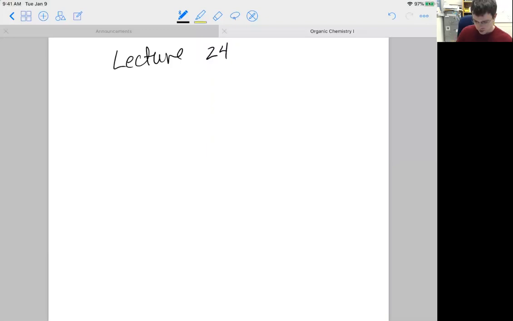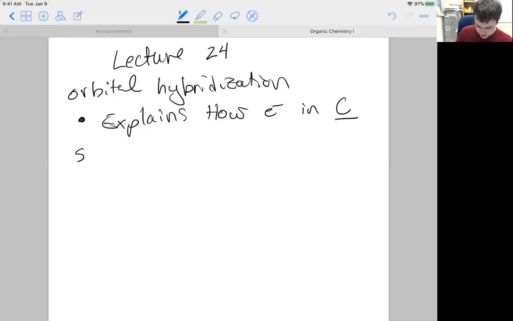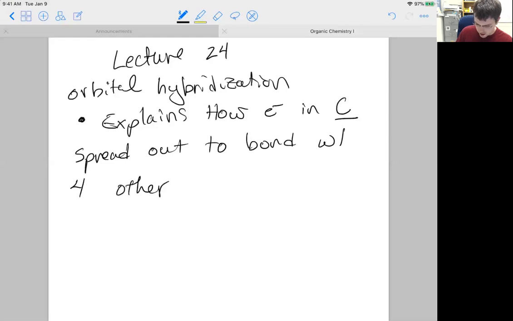Okay, so with orbital hybridization, this provides an explanation of the question of how electrons in carbon spread themselves out to bond with 4 other atoms. And it's not just carbon, it's any central atom that has anything else attached to it.